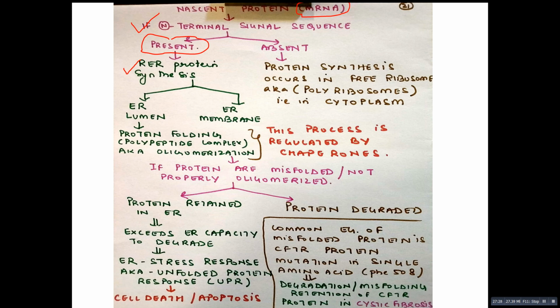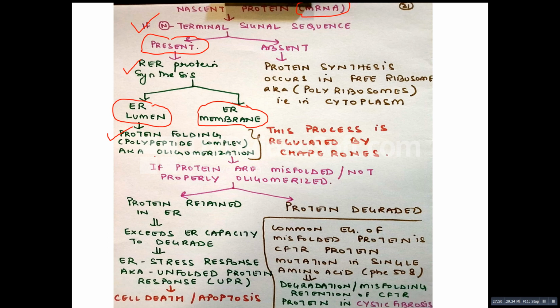Over there the proteins are folded, and this process is known as oligomerization. All of this protein folding is regulated and happens in the presence of certain molecules called chaperones. So what is the function of chaperones?